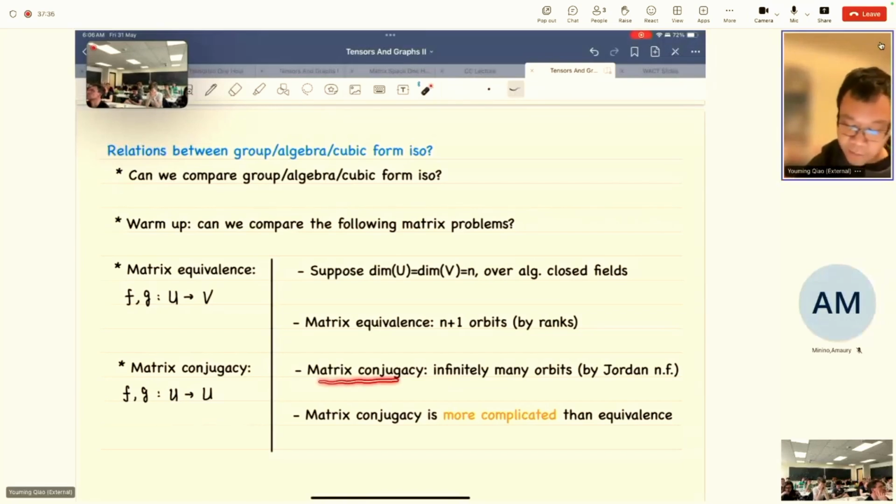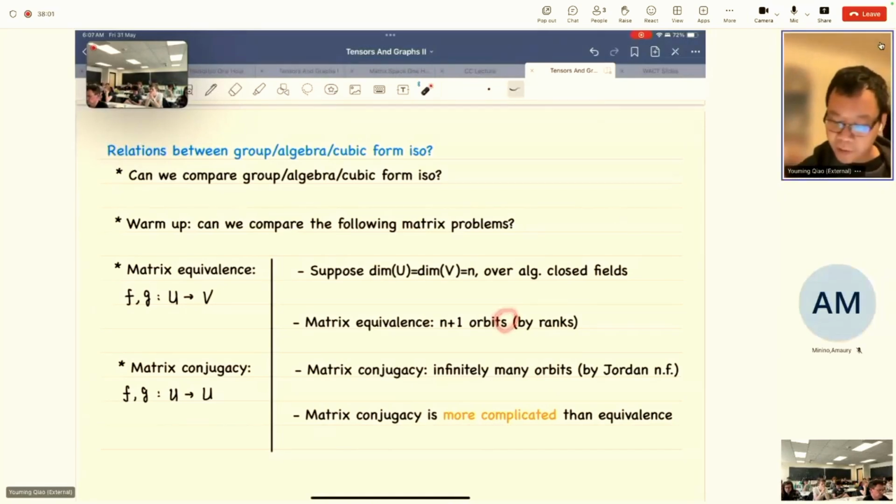But on the other hand, matrix conjugacy is classified by Jordan normal form, right? Because of Jordan normal forms, by looking at the eigenvalues and so on, you have infinitely many orbits. So this seems to be suggesting that matrix conjugacy is more complicated than equivalence, right?